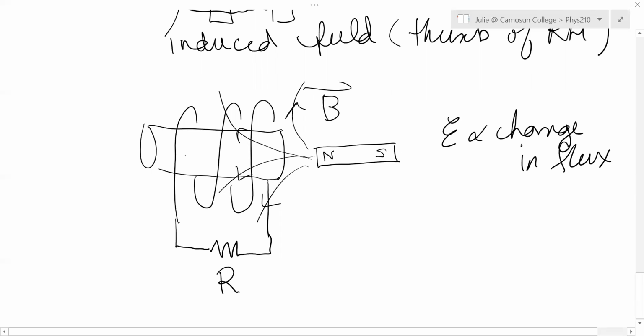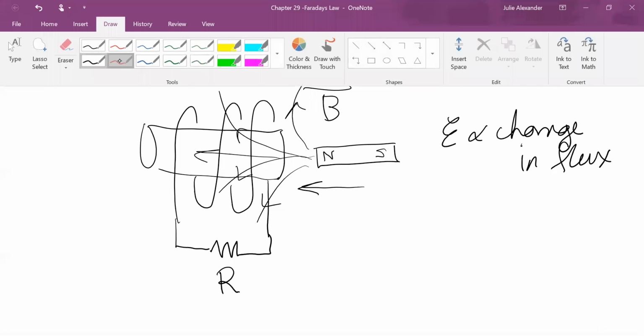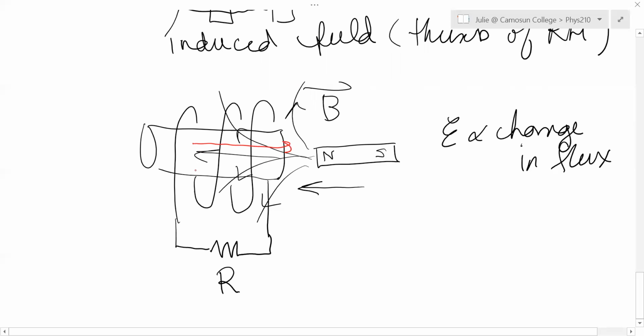Now, if I move it into this solenoid, suddenly now the magnetic flux lines are increasing. I've got all these lines going over to the left. Well, the loop doesn't like that. It didn't have any lines to start with, so it's going to try to oppose those lines that you're introducing by pushing this magnet in. And the way that it opposes it is it produces its own magnetic field opposite. So opposite to those ones you're putting in, this is going to be B induced, trying to negate what you're doing.